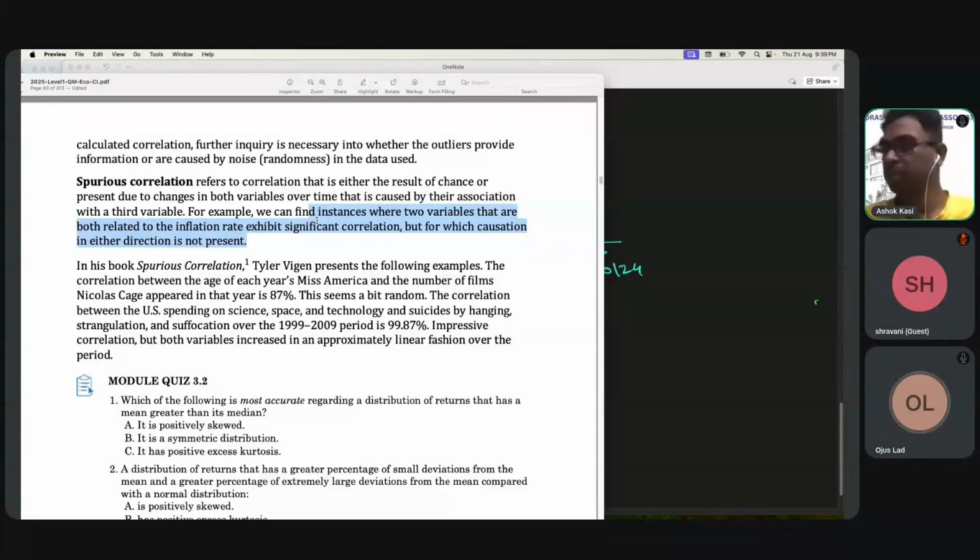Also spurious means where you will not be able to find the reason, but you are finding that there is correlation. Example, imagine whenever I'm going out with an umbrella, it doesn't rain. That means there is negative correlation between me and umbrella and rain. But is it true?